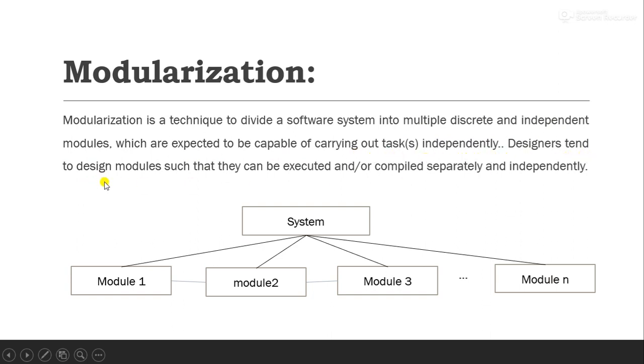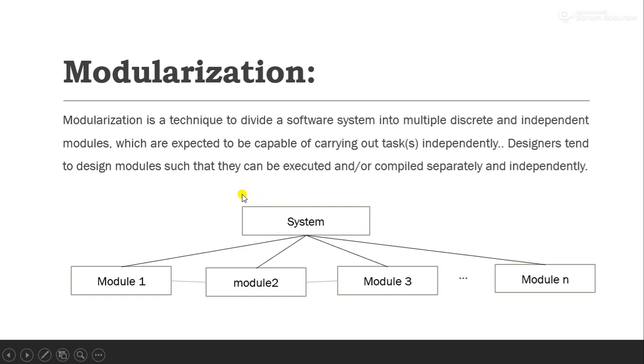Designers tend to design the modules such that they can be executed and compiled separately and independently. So modularization is a technique of dividing the software into multiple independent modules, which are capable of performing their own tasks without taking help, or by taking minimum help, from other modules.